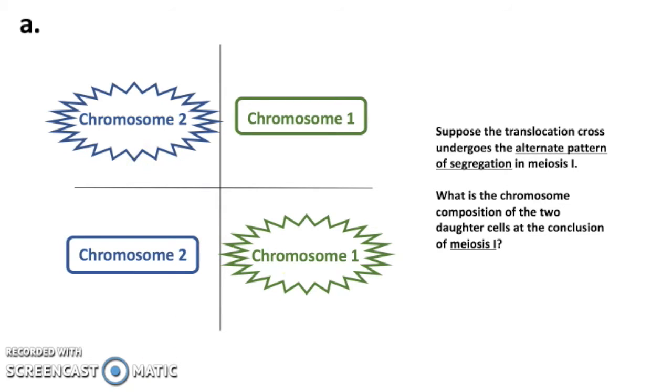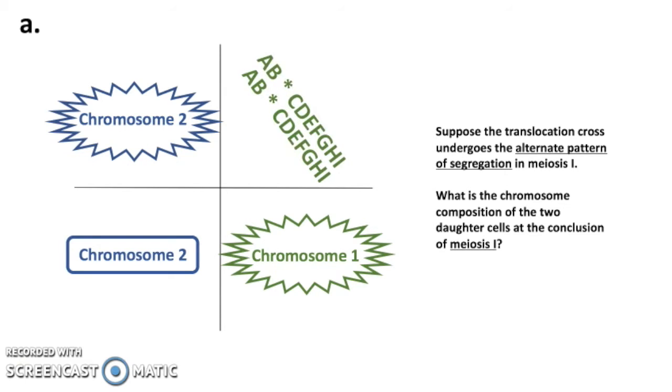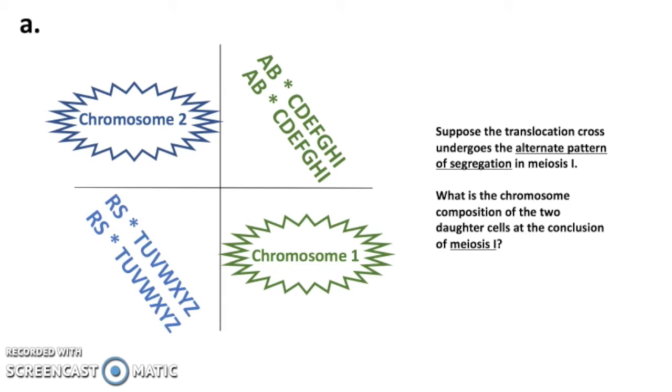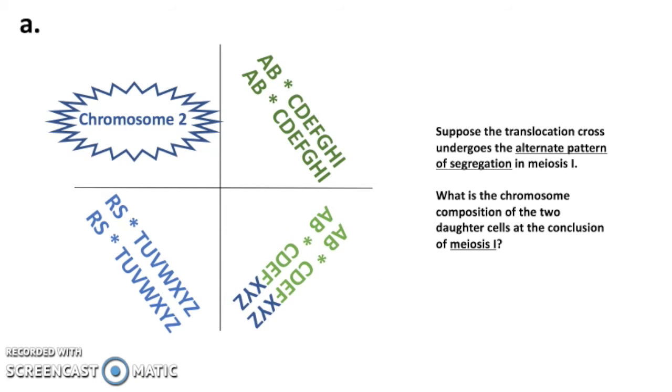Now I'm going to start filling in the actual chromosomes. Chromosome 1, I place right here, and these are again in their duplicated state, and chromosome 2, and then down here the chromosome 1 that has a little bit of the swapped material in it, I put down there, and then up here chromosome 2.